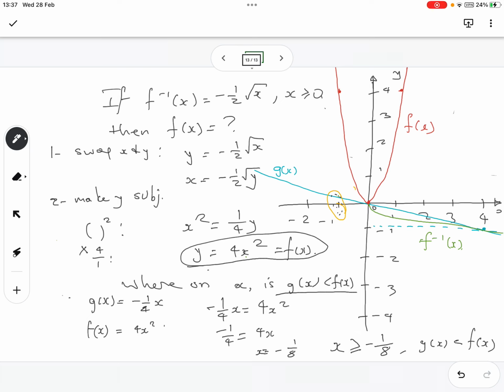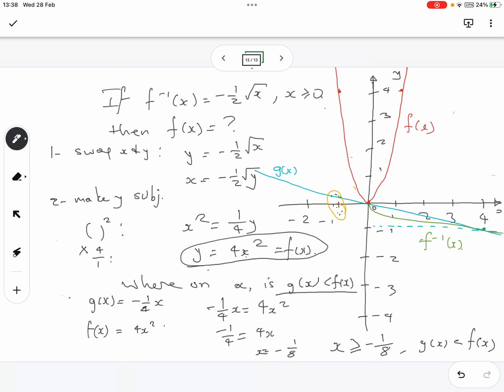It's 1 over 16. And then for g of x, 1 over 32. Which one's greater? 1 over 16. So it's not really equal. Maybe I'm making a mistake.